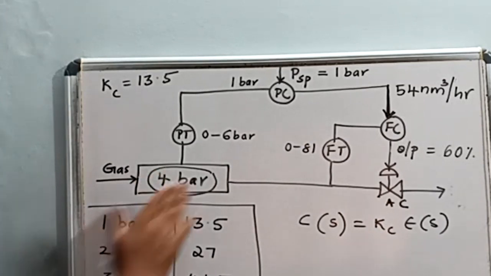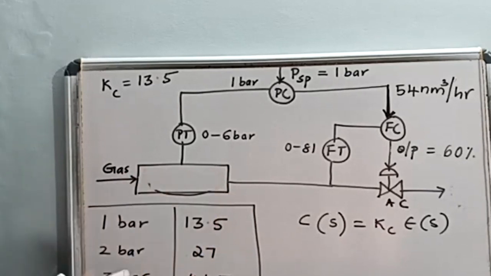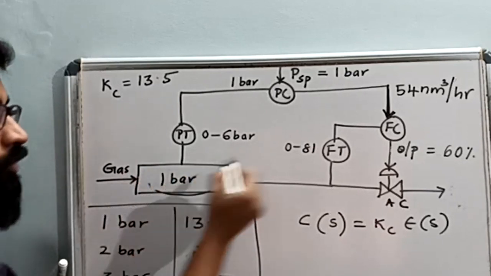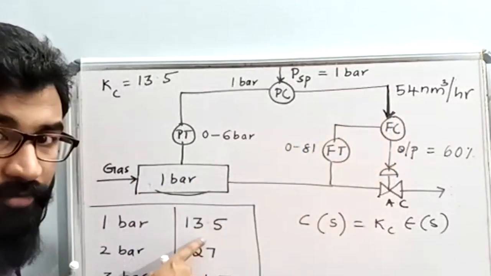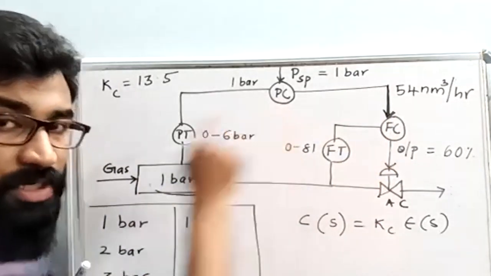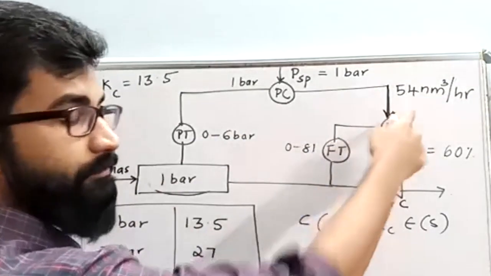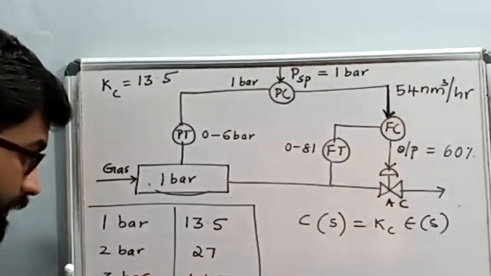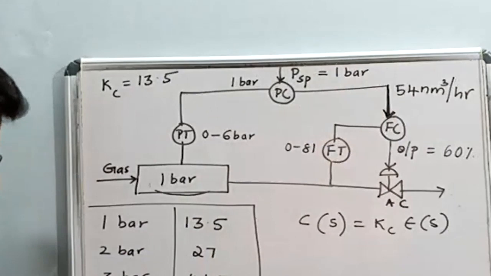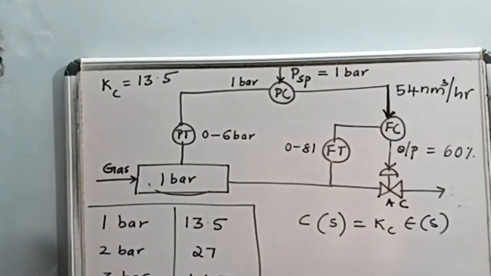If your pressure inside the tank is 1 bar, your flow rate here will be 13.5 because we are using a proportional controller. If pressure inside here is 2 bar, you are having 27. 3 bar, 41.5. 4 bar, 54. Clear?